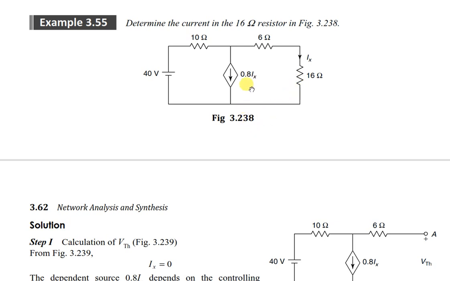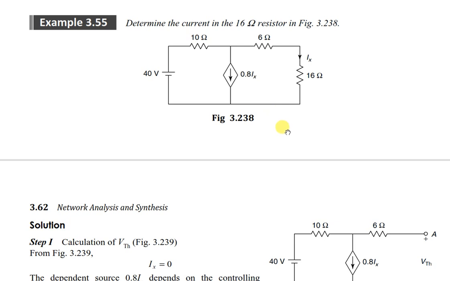In problems related to dependent sources, finding RTH is different. We identify this is a load. We have to find the open circuit voltage across this, which is nothing but your VTH. And you have to find the short circuit current: remove RL, short circuit it, and find the short circuit current here.